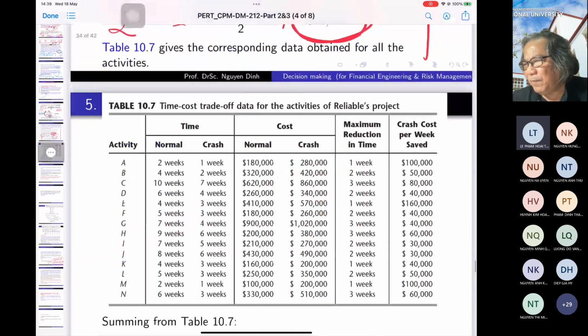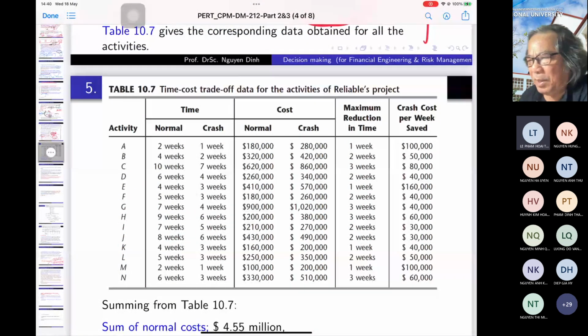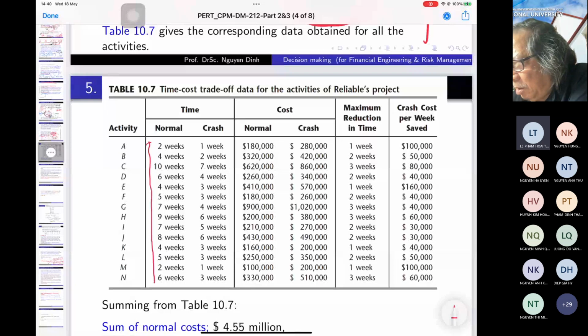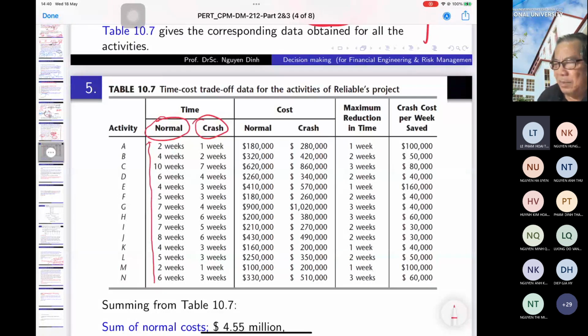After doing that for the whole project, Mr. Perry has the table here. This is the normal time, and the crash time. You see, for example, node D: normal time is 6 weeks, crash time is 4 weeks.